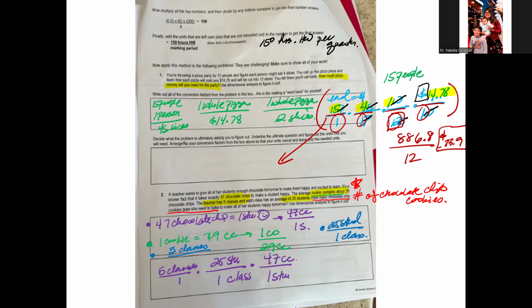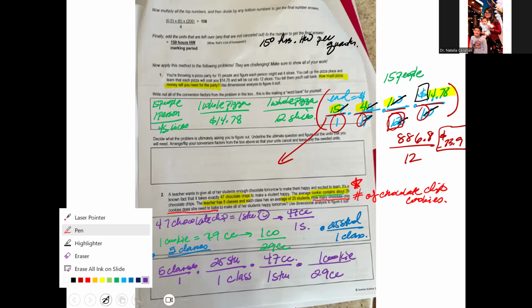So now we're starting with chocolate chips, right? How many chocolate chips per cookie? 29. 29 chocolate chips, 1 cookie. Did I end up with cookies on top? Yes. Good, then that's it. Now let's cancel everything.